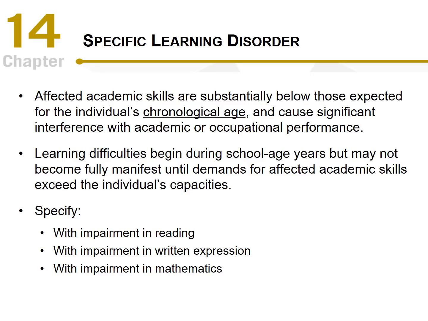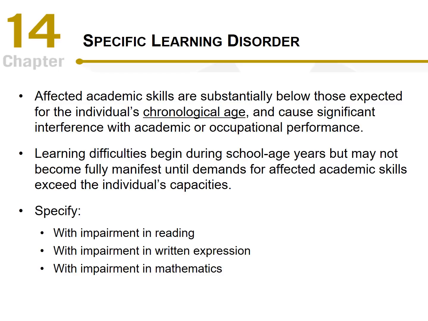So sometimes there's evidence of these problems early, but until the academic demands get more intense, we may not see them interfering with their academic or perhaps occupational performance for older individuals. Okay, and then the last point before we talk about the specifiers is that these learning difficulties begin during the school age years, and as I mentioned, we may not see them manifest themselves fully until some later point.